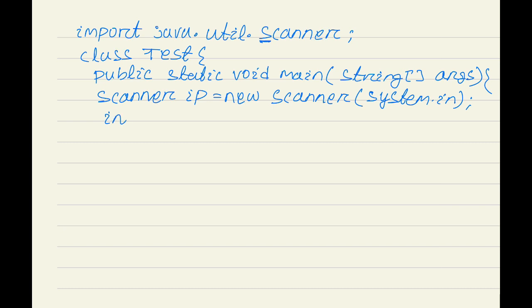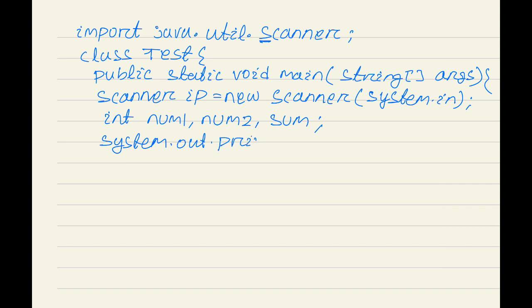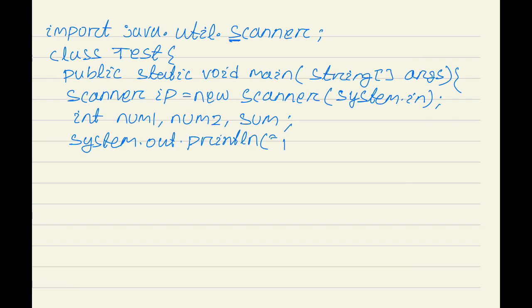Now you can write int num1, num2, sum. That means num1, num2, and sum are three variables of type integer. Now we can write System.out.println("Enter first number").